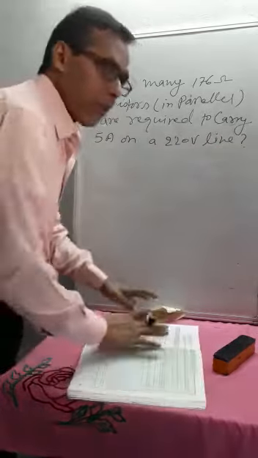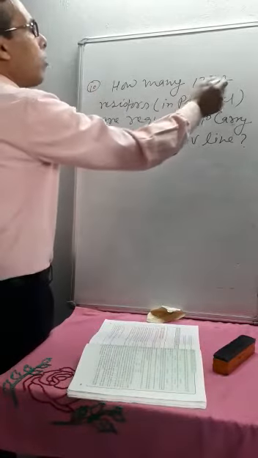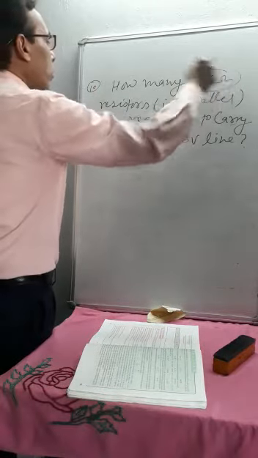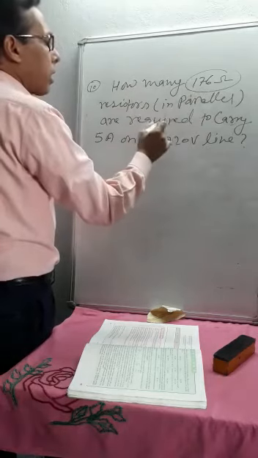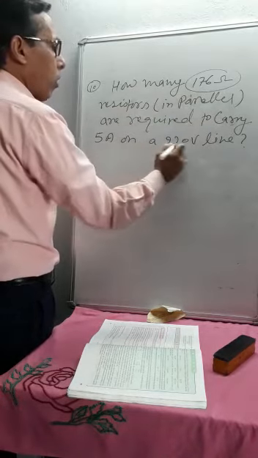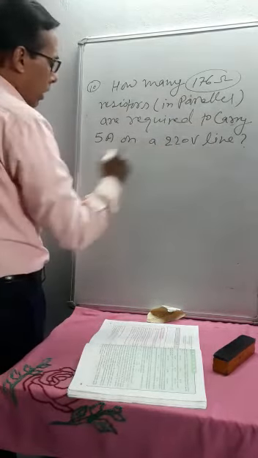This is the question. How many 176 ohm resistors in parallel are required to carry 5 ampere on a 220 volt line?